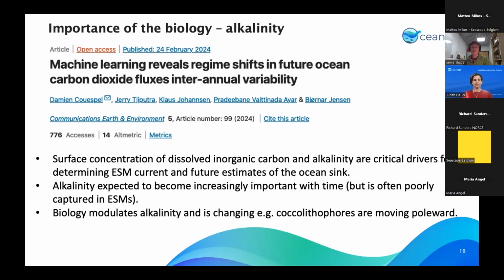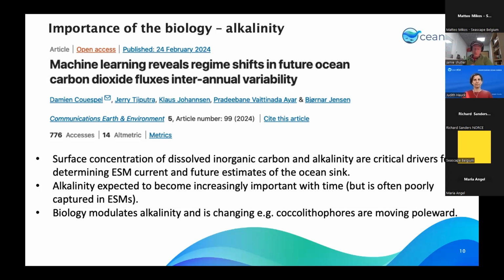The significance of its ability to predict the flux is expected to increase with time. This is particularly important because alkalinity is often poorly constrained within these models, but also because we know that biology modulates alkalinity. We have observational evidence that, for example, coccolithophores are moving poleward. These have the ability to change the alkalinity within the surface ocean.